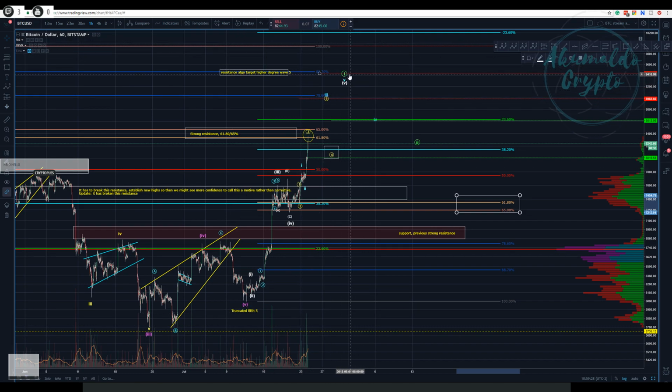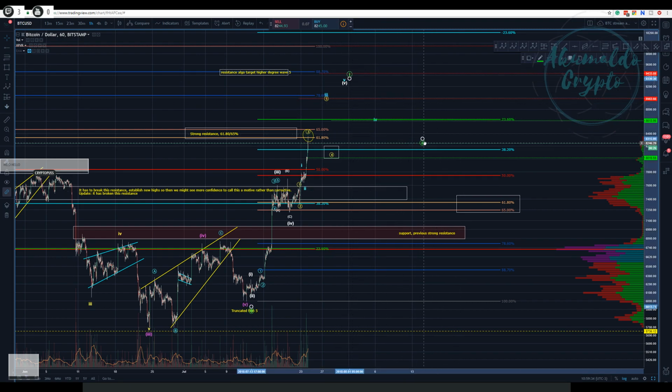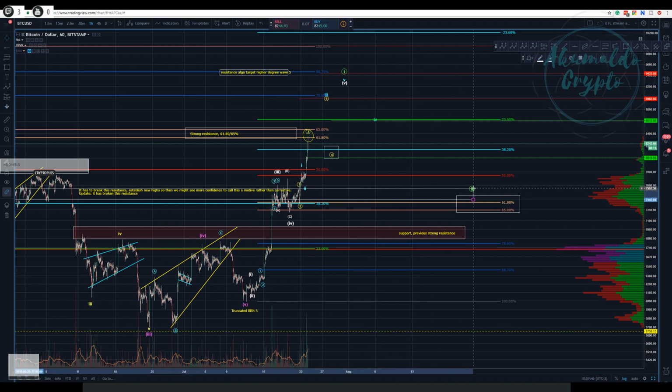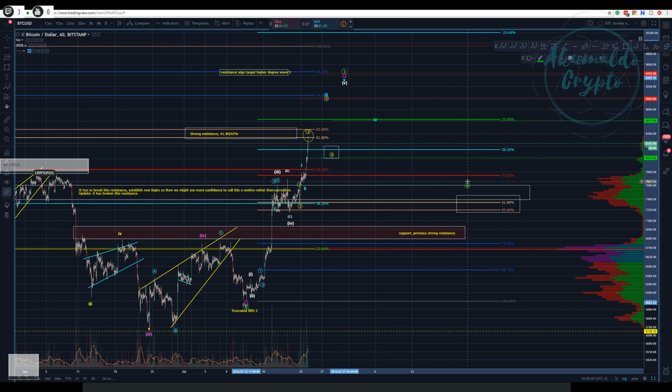This is the first motive wave to put in a wave 2 of a higher degree here. Then we would see a wave 2 that might retrace to 61865. Might. As this is a strong resistance here, I would say that this would act as a support.